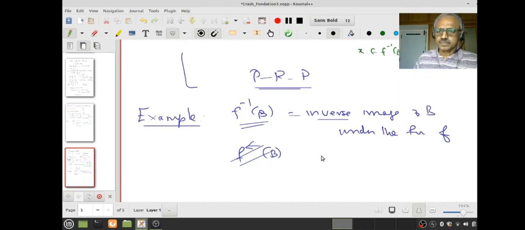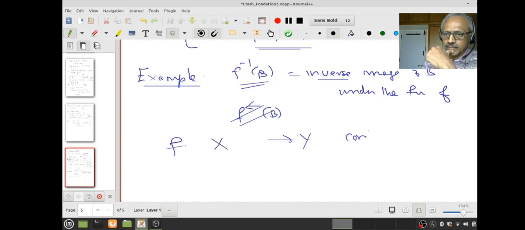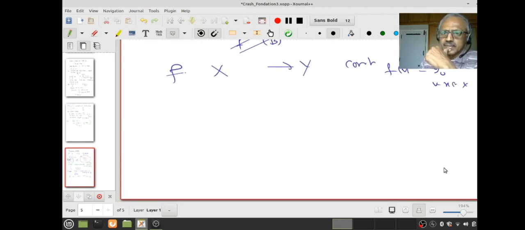Let's look at the simplest example. Suppose f is a function from X to Y which is constant. So f(x) equals y naught for all x in X. Now let us look at this. This is my b.